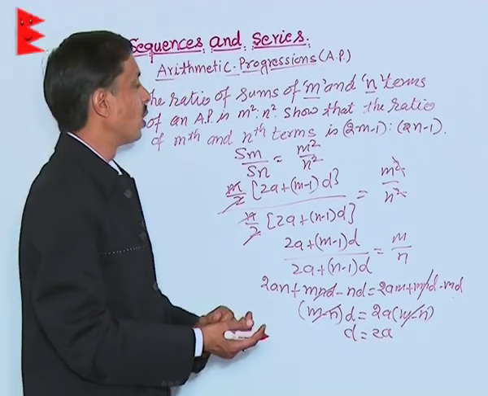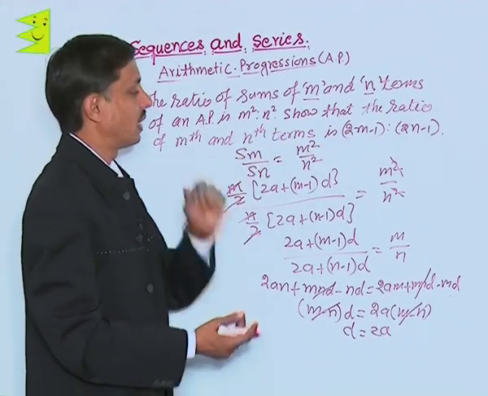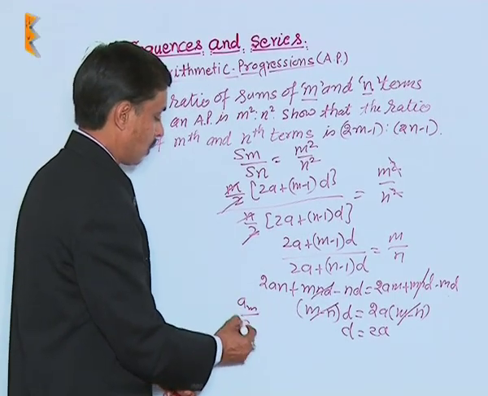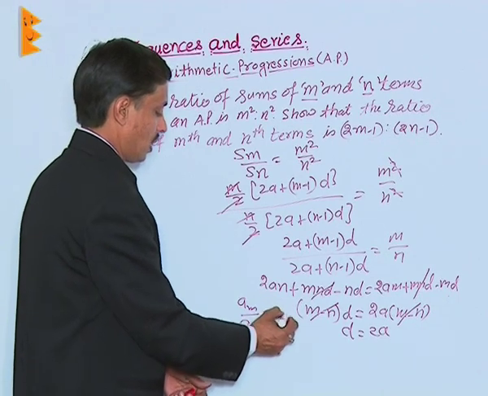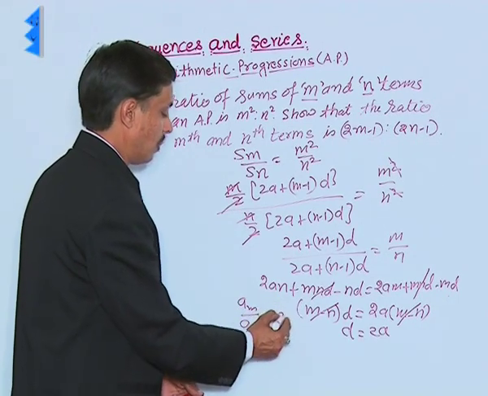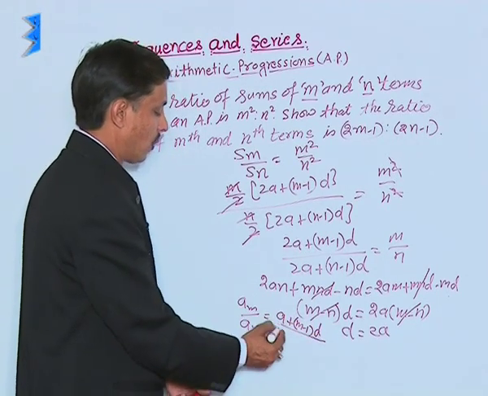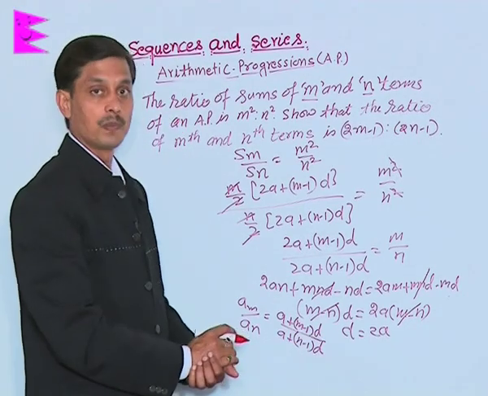What actually we want to extract is the ratio of mth and nth term, that is am upon an. The formula for am will be a plus m minus 1 into d, and for an will be a plus n minus 1 into d.